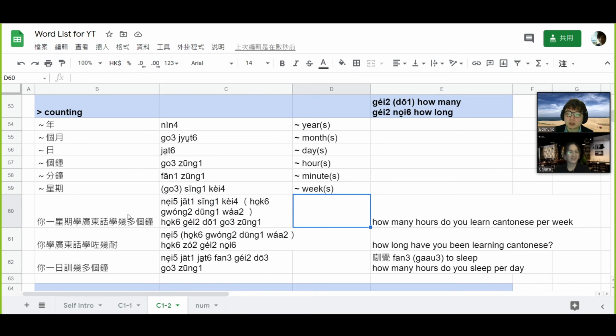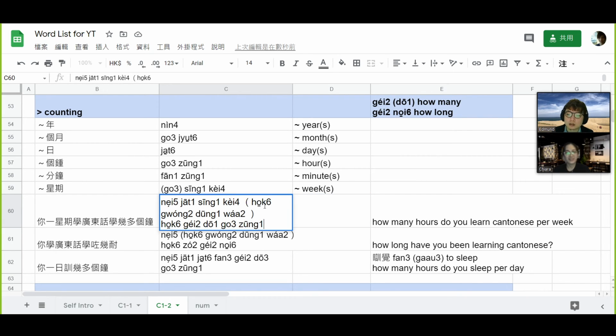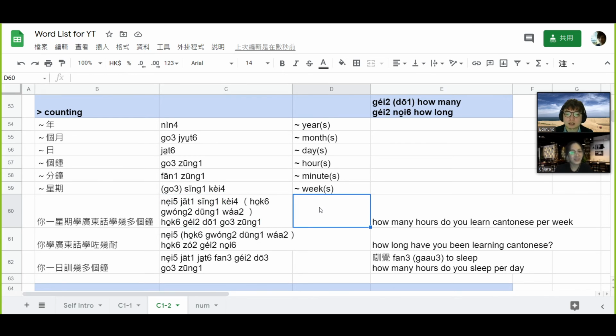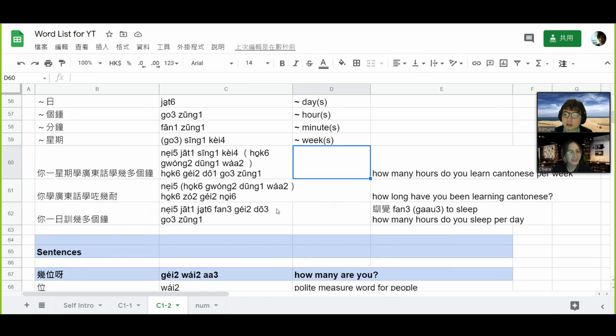If I ask you like this, it is understood that the object will be Cantonese. So you can answer like 我一星期學 and then 幾多個鐘？Just say how many hours, like 學一個鐘. You don't need to say this again if it's understood.